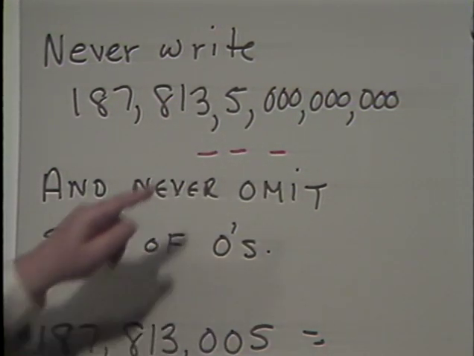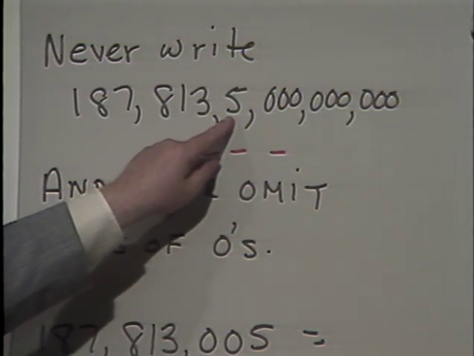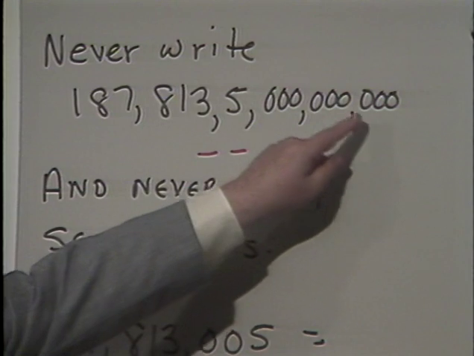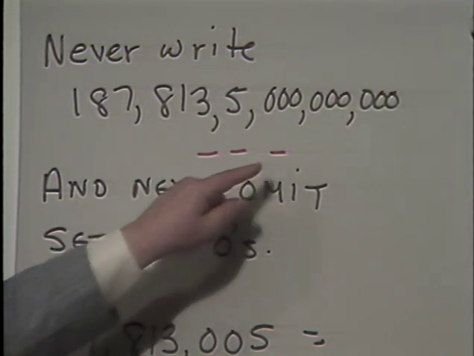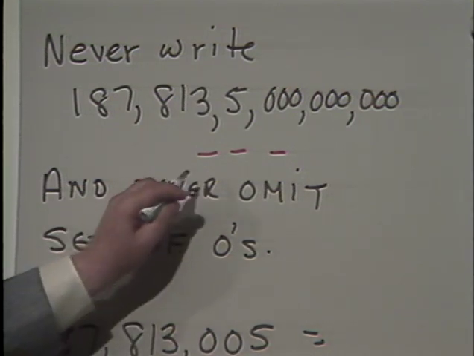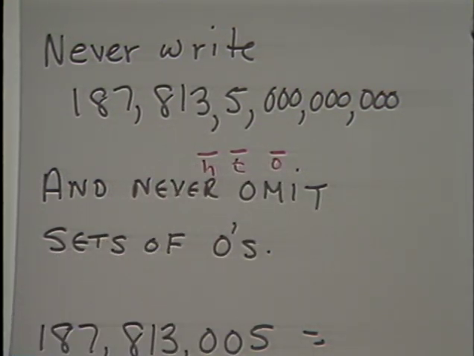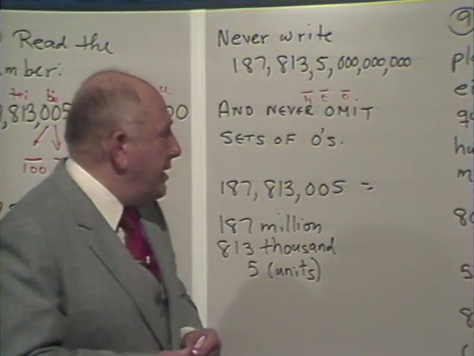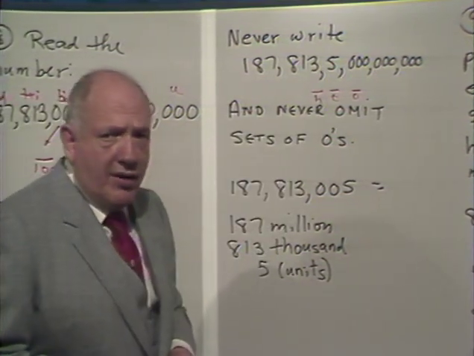By leaving out the placeholders, I have no way of knowing, even though I've located this to be the billions place, whether the 5 goes with the hundreds, the tens, or the ones. In other words, is this 5 billion, 50 billion, or 500 billion? I have to have those zeros in there as a placeholder.